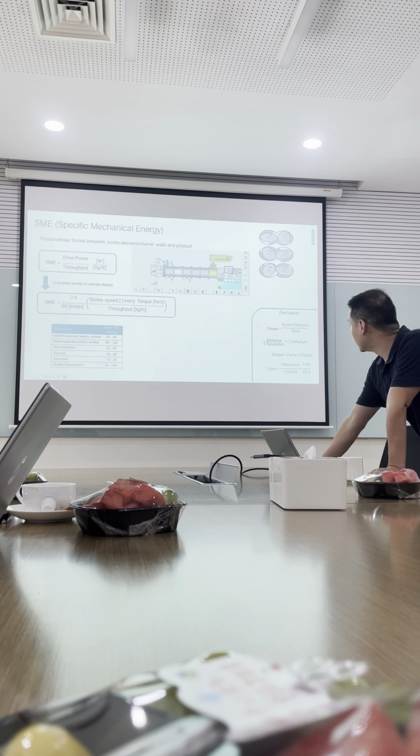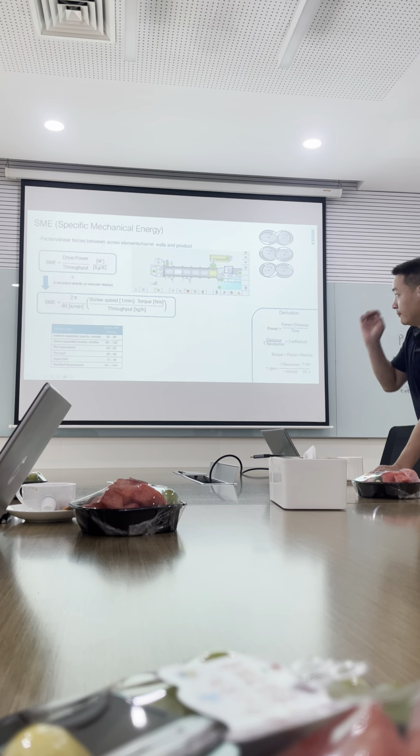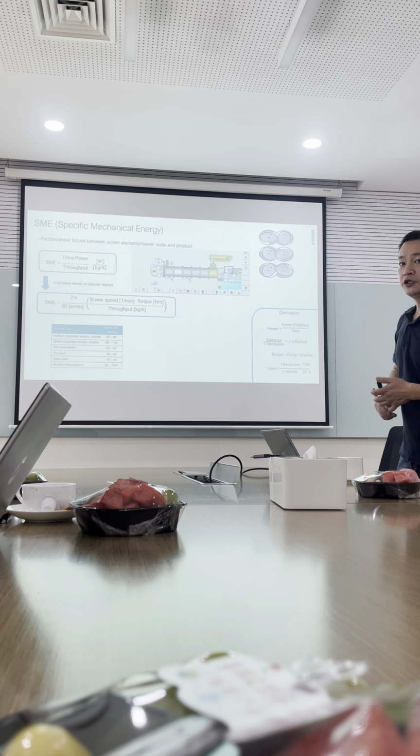And here, this is the specific mechanical energy. We need to care about this. This is SME, and it's equal to the driving power divided by the capacity. And most of the time, if we want to reduce energy consumption, we need to control this value, right?